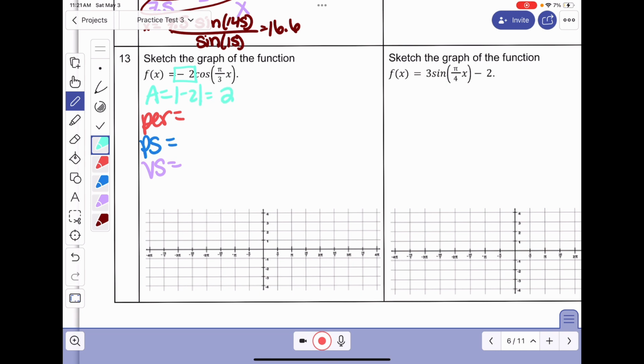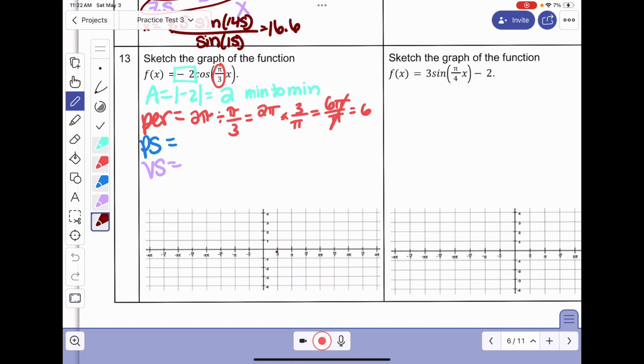Because it's cosine and negative, that tells us we're going min to min. Period of cosine is 2 pi. We need to divide it by whatever's in front of the x. So we're going to divide by pi over 3. When we divide fractions, we flip them. So we would end up with 6 pi over pi, which is 6.